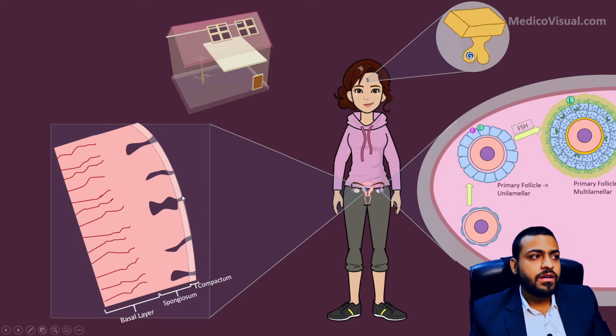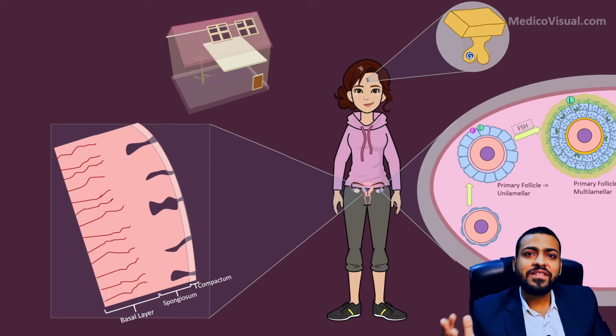So what happened is that, due to the order of estrogen, this endometrium of the uterus proliferated, right? And it formed multiple layers, and that is the home for baby.